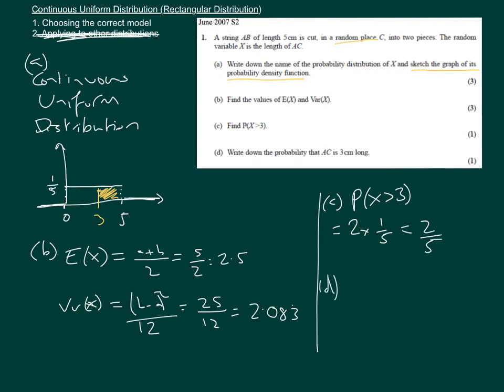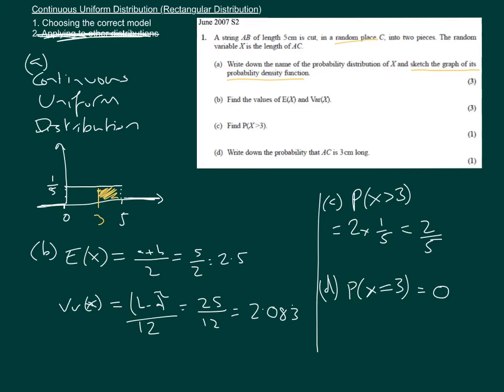And then finally we're asked to find the probability that x is equal to 3. Now because this is a continuous random variable, the probability of it being one exact value is 0.